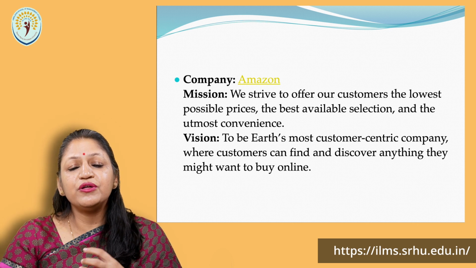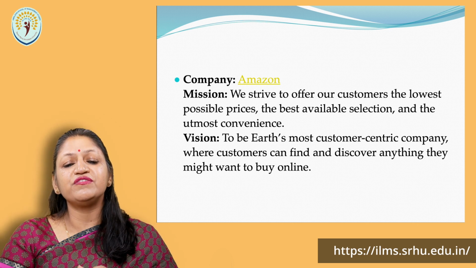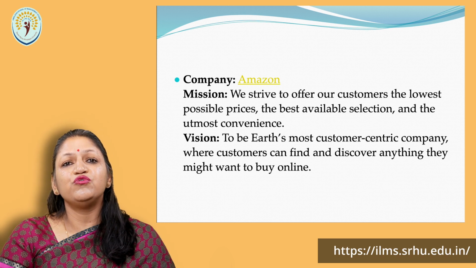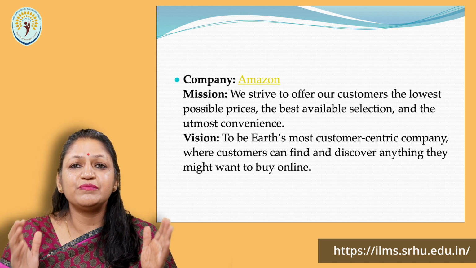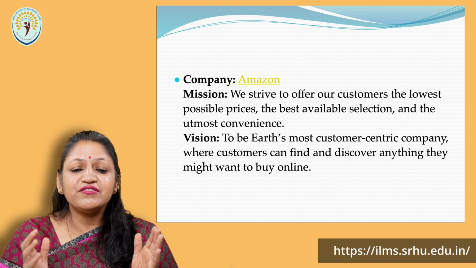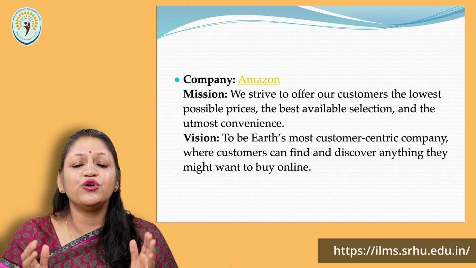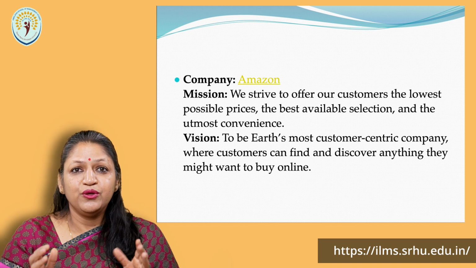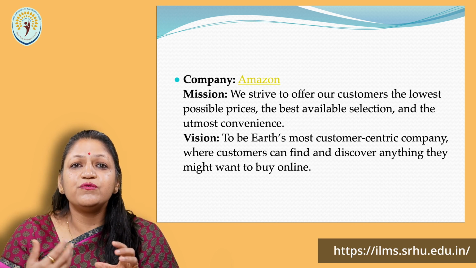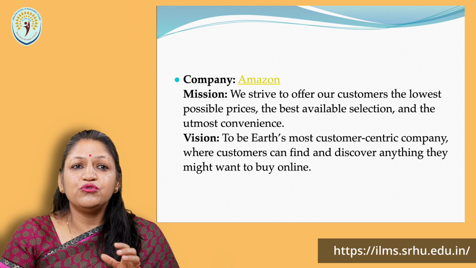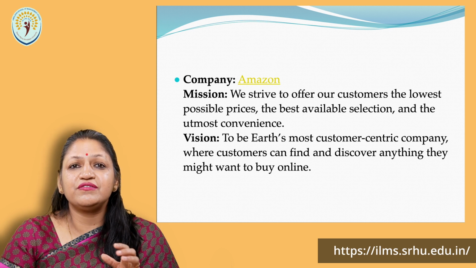Then when we talk about the vision of Amazon, what does the vision say? It says to be Earth's most customer-centric company where customers can find and discover anything they might want to buy online. So this is how it is working to provide services to the customers.